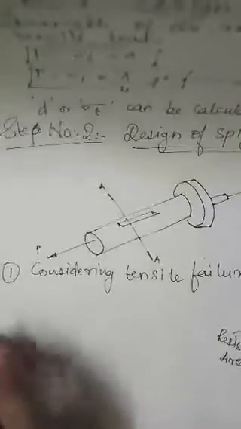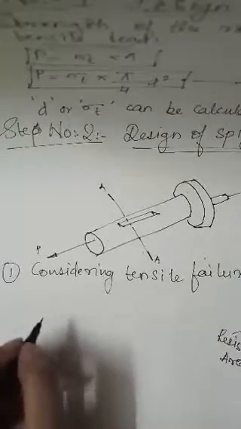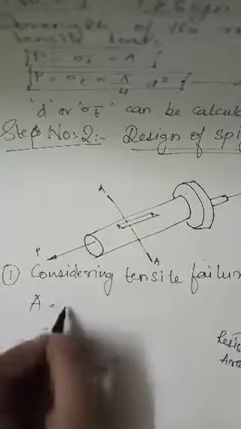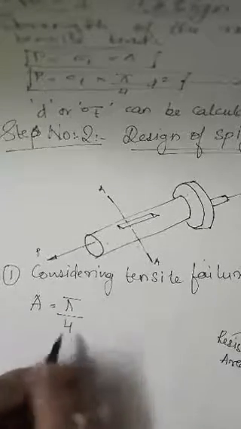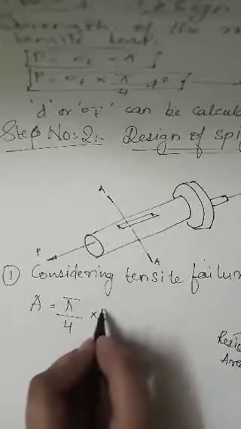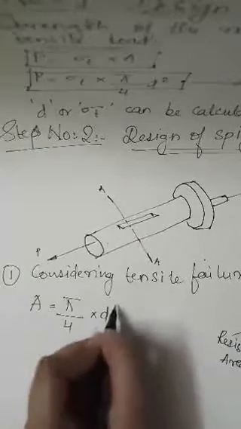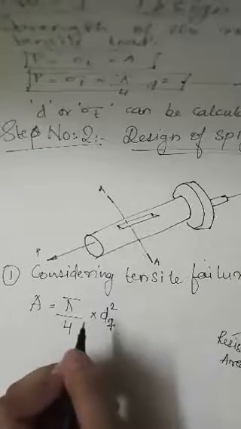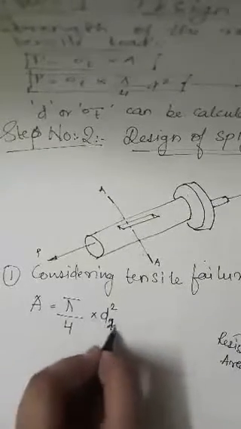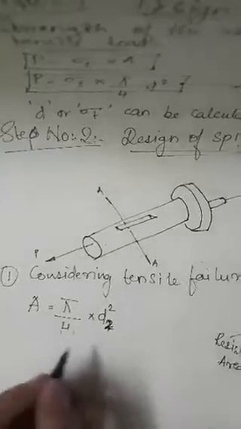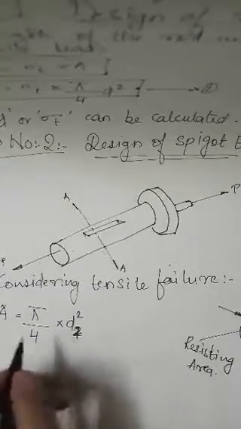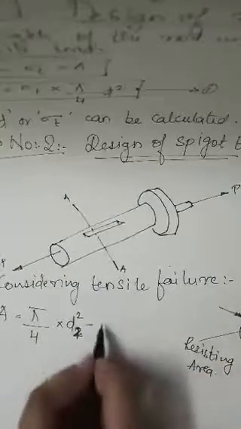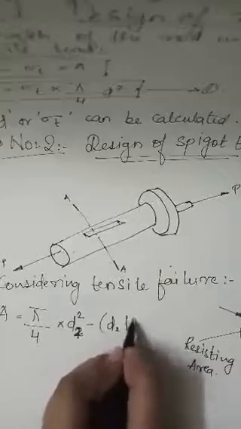Now let's design it. Once again the same formula. Now for this the area will be considered as such. Here it will be pi divided by 4 into D1 square, D2 square, minus, we will take this rectangle, the area of this rectangle, which is D2 into t.